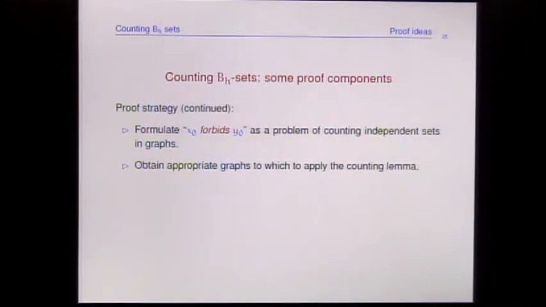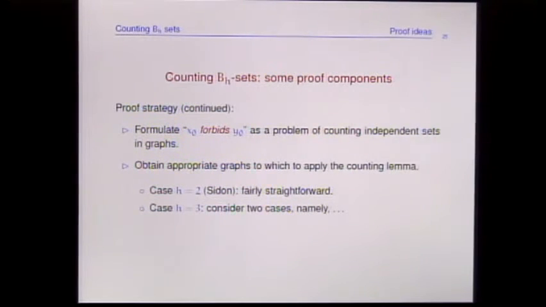You have to define the graph, and then we apply some counting lemma for independent sets. When you do H equals 2, it's fairly straightforward, though you need one more step after the lemma. For H equals 3, it becomes more difficult, and general H is really quite messy.